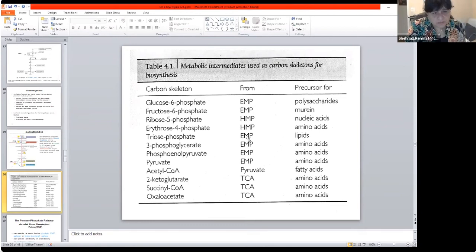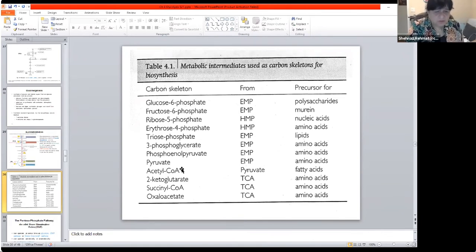In the triose phosphates, the EMP generates them, and this is used for lipid synthesis. Phosphoglycerate, also produced from EMP, is used for amino acids. PEP, generated by the EMP, is also for amino acid synthesis. And pyruvate, of course, as a final product of your EMP, is also used for amino acids.